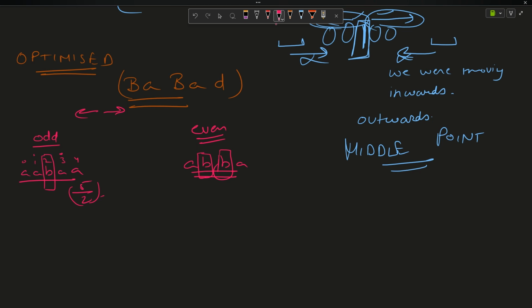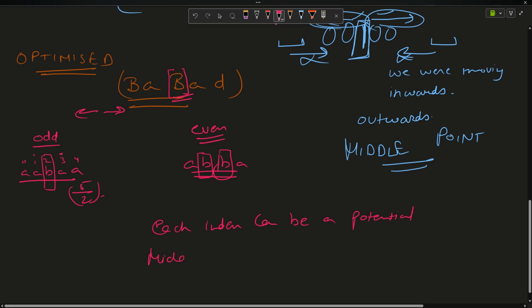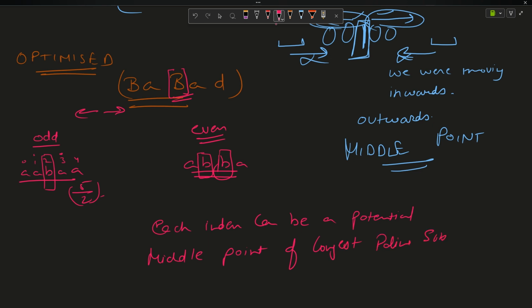For each index, I am supposing that this could be the potential middle point of the longest palindromic substring.